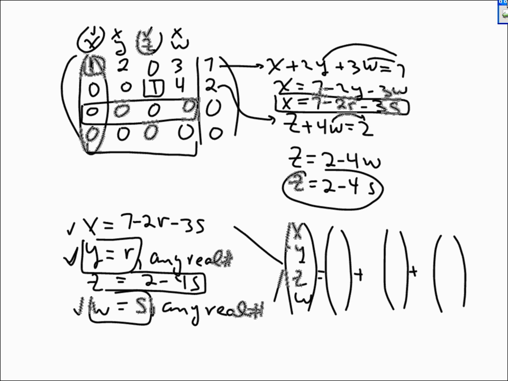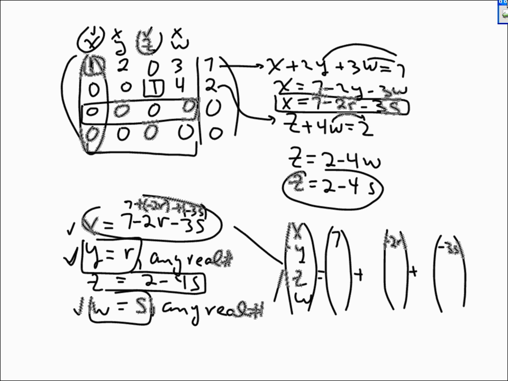So X is the number 7 minus 2 R's plus negative 3 S's. Remember, this is the same as 7 plus negative 2R plus negative 3 S's.